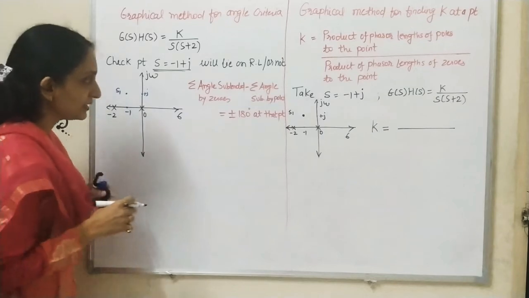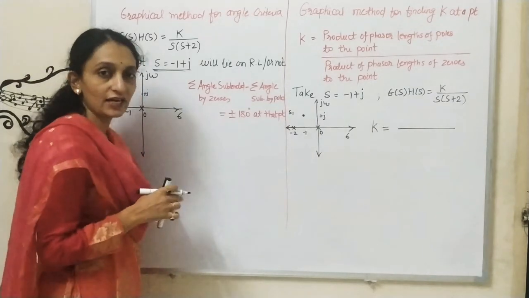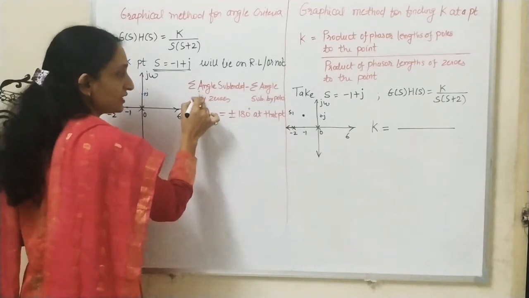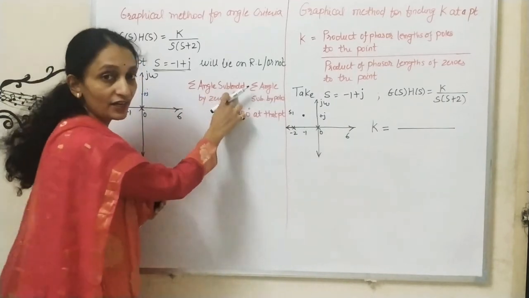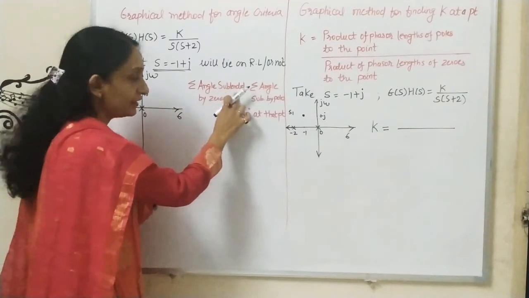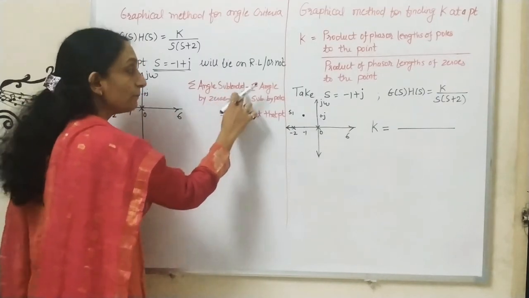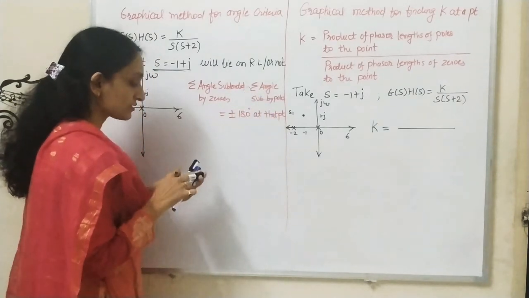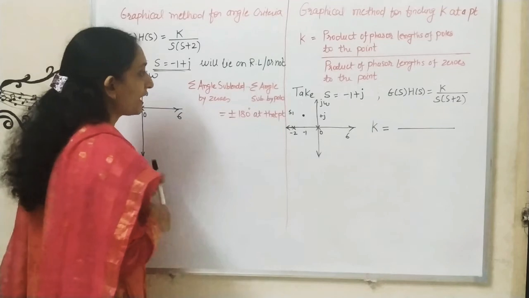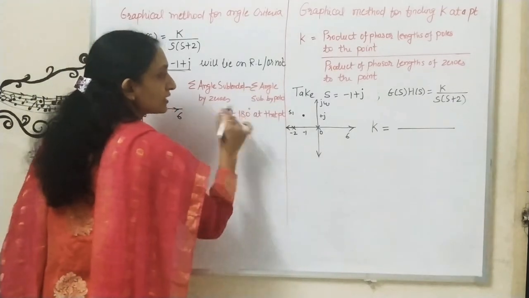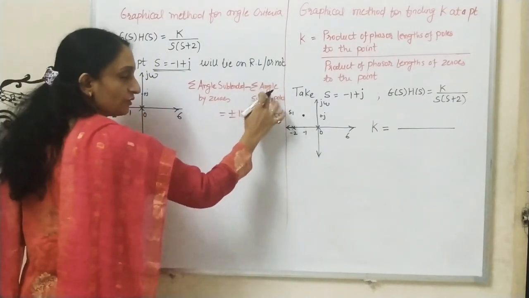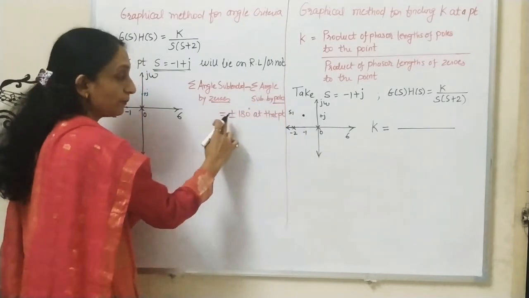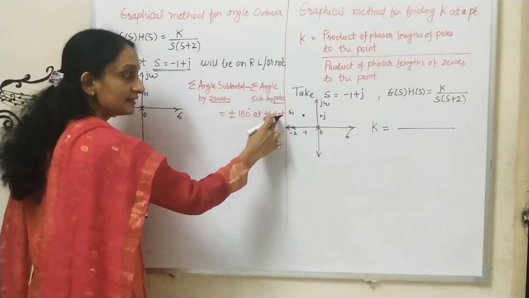For that, see what is the formula that we are using for the graphical method. Summation of angle subtended by zeros minus summation of angle subtended by poles is equal to plus minus 180 degrees at that point.